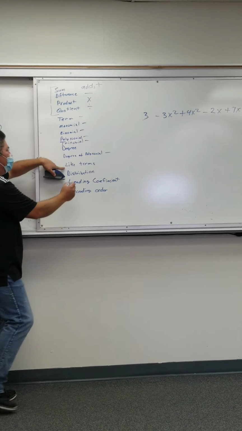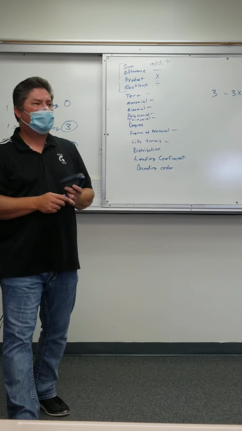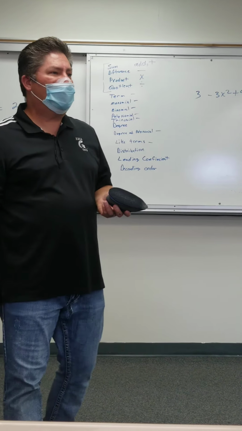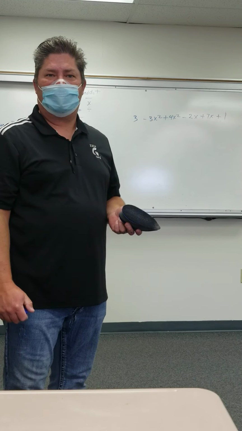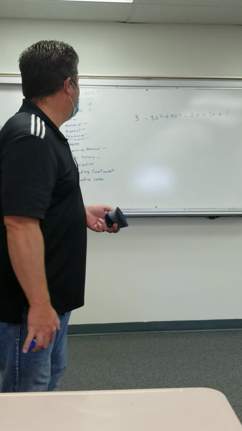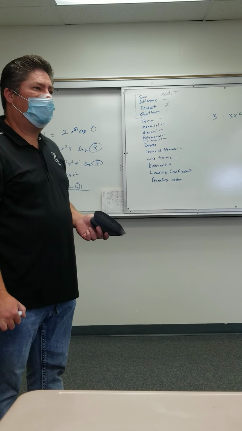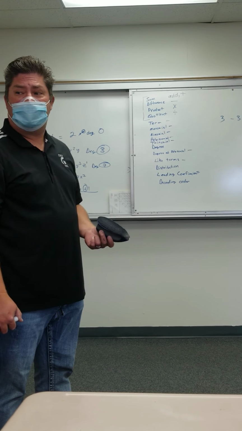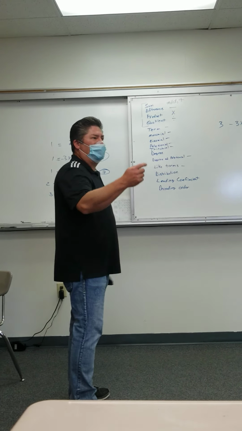So like terms have the same variables with the same exponential values. You want to write that in your notes. Like terms are terms in which they have the same variables with the same exponential values. So what are the like terms here? What's your name?